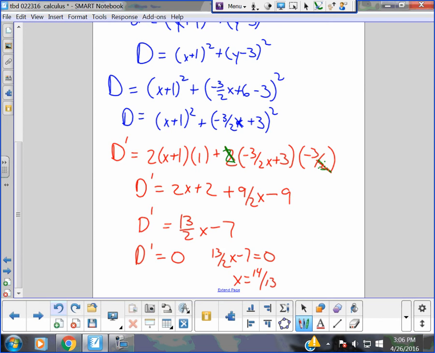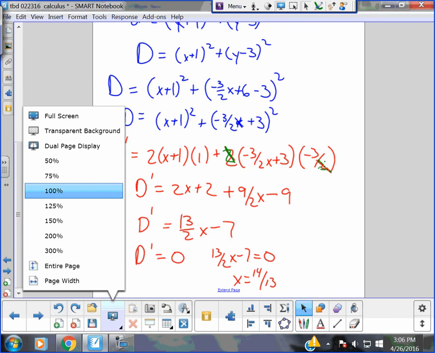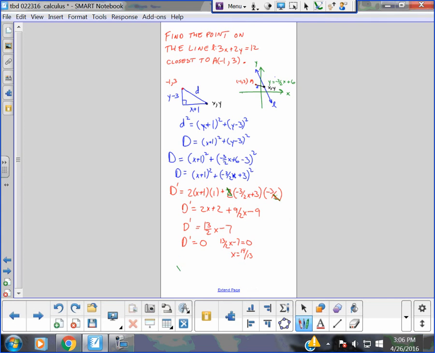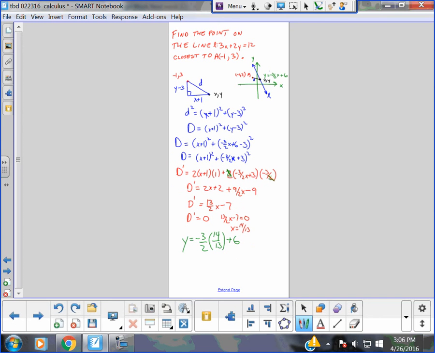I just found the x coordinate of the point closest to the line. How do you find the y point? You plug it into that ugly equation. If I want to find the y coordinate, I just use my calculator. I have y equals negative 3 halves x plus 6, and I get y equals negative 42 over 26 plus 6.